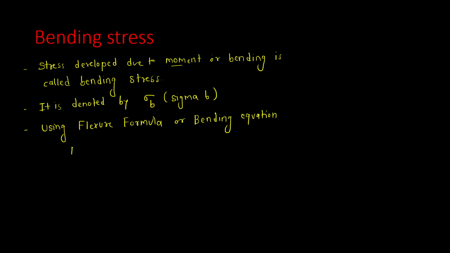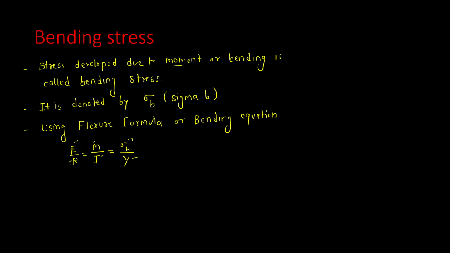It is E by R is equal to M by I is equal to sigma b by y. To remember this, there is one statement, that is Elizabeth Rani, may I follow you. If you write this statement, the first letter will represent the equation.